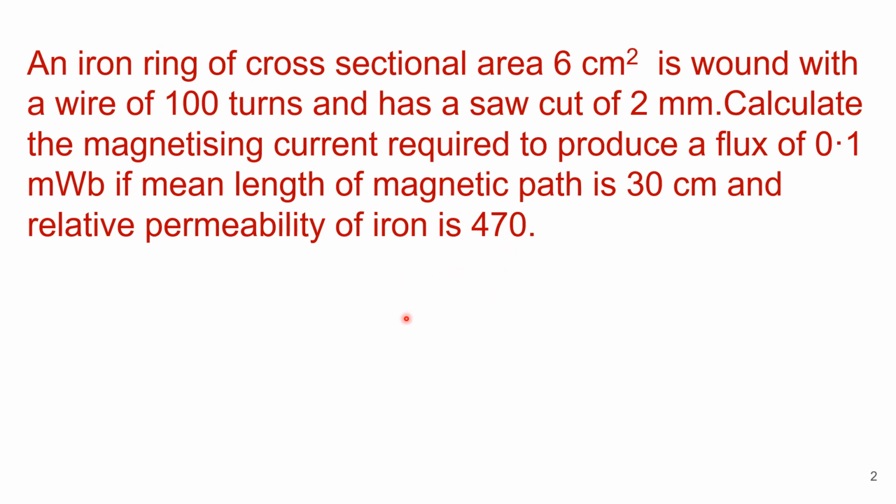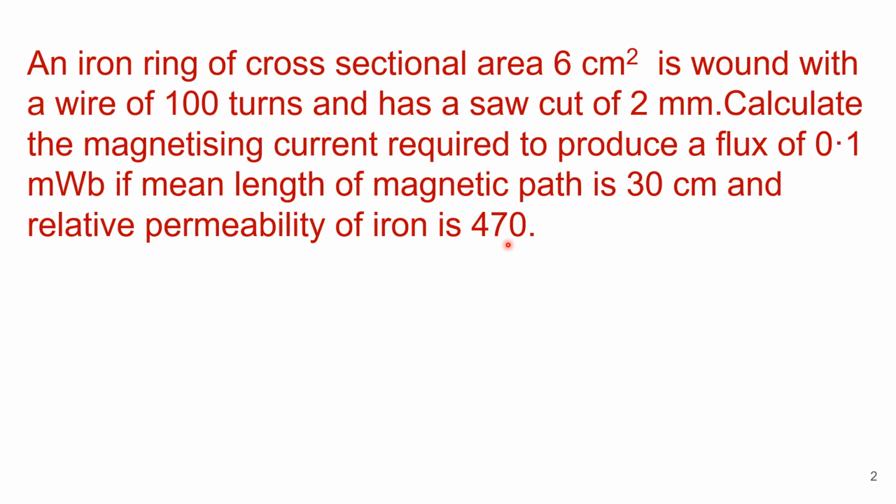Here in this question, they have given an iron ring, the cross-sectional area is 6 cm square and the number of turns is 100. A saw cut of 2 mm means the air gap. They have given the air gap length as 2 mm, the flux value as 0.1 milliweber and the length of the magnetic path as 30 cm.